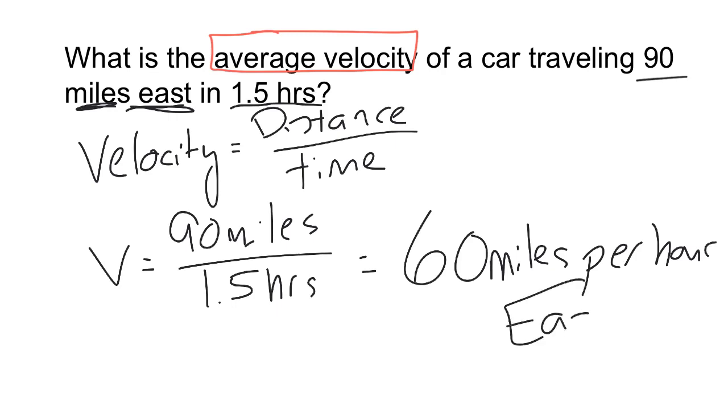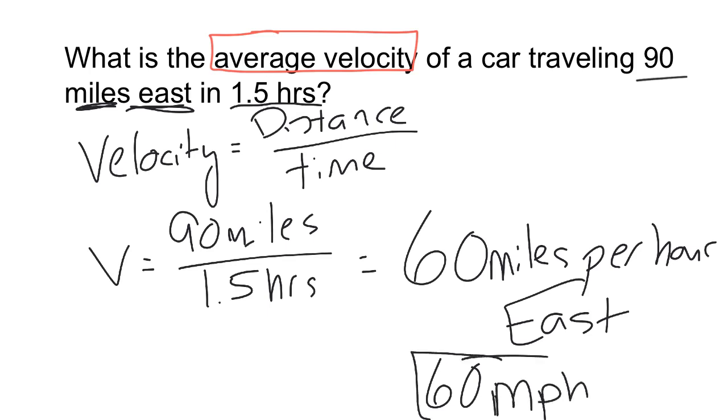And then because it's a velocity, we're going to add in the east here. And you could also write that as 60 mph. Remember, this is the way that we would show miles per hour for us, but when we're calculating speed, we're going to be using mostly meters per second in this. So just a review on how to calculate velocity.